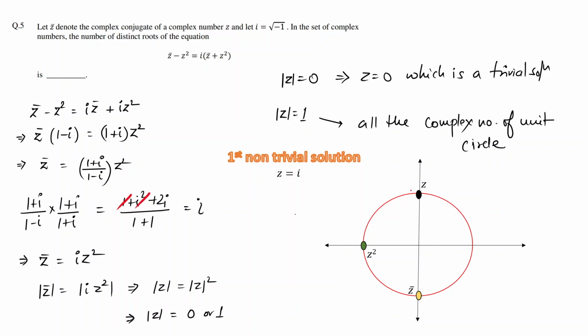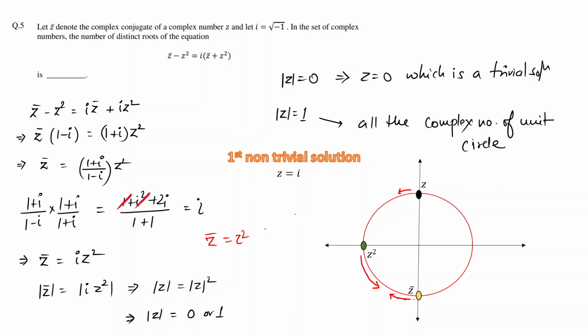Now if I start to move in this way, the z square will move double in this direction, and z bar will move the same angle clockwise in this direction. So then you see that the z bar will be coming closer to z square, and you won't get any solution. But there is something very interesting that will happen here, that they might coincide, and we could also have solved for z bar equal to z square with this same geometry.